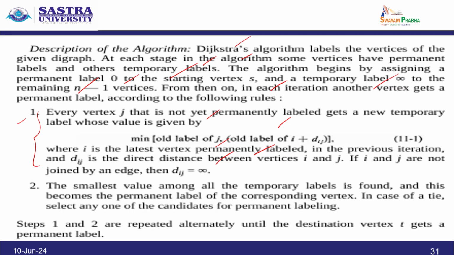Next, the smallest value among all the temporary labels is found, and this becomes the permanent label of the corresponding vertex. In the case of a tie, select any one of the candidates for permanent labeling, and repeat steps 1 and 2 alternately until the destination t gets a permanent label.